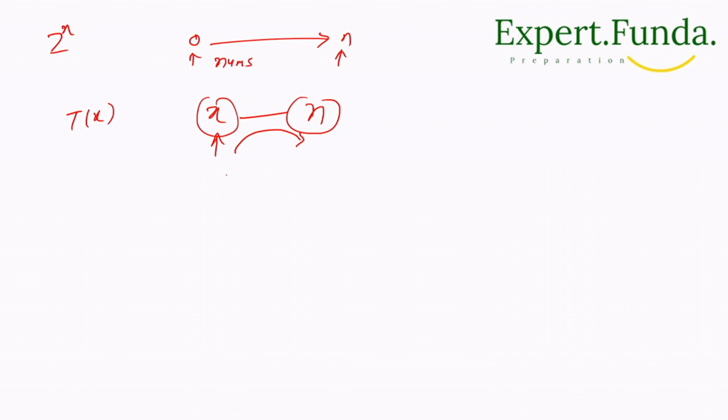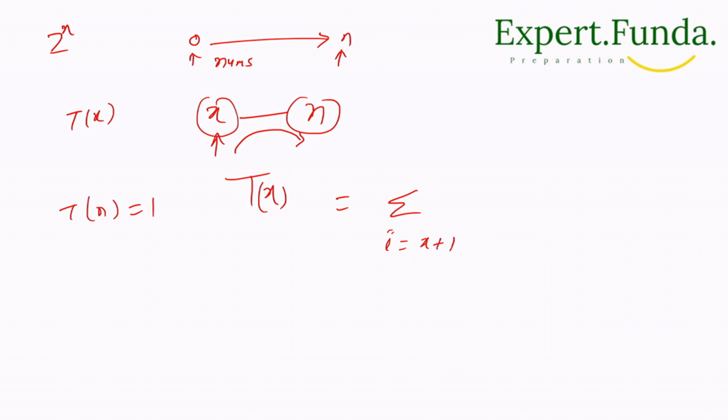So if we talk about it, T of n is 1, trivially, right?